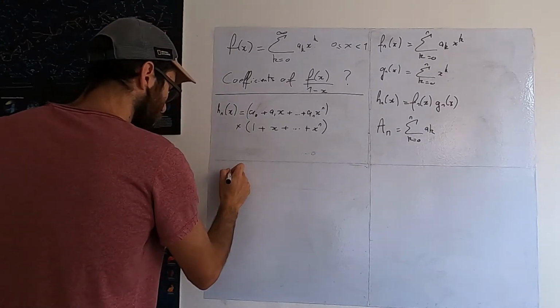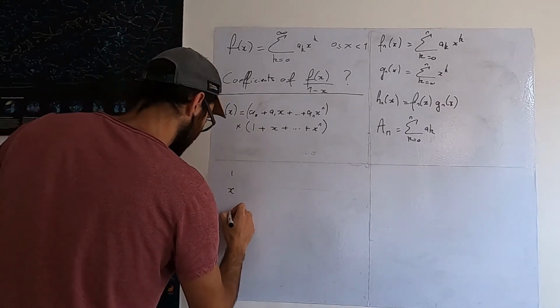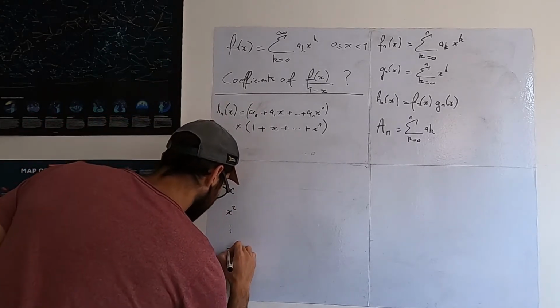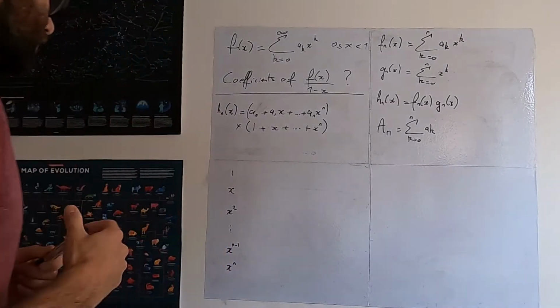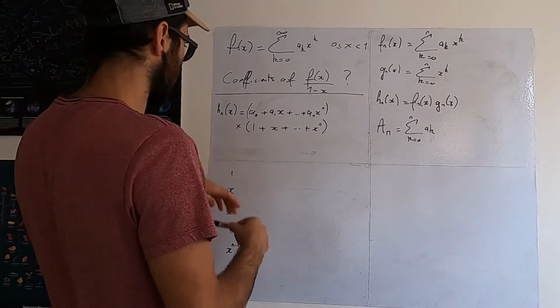We're going to look at what should be the coefficient in front of 1, what should be the coefficient in front of x, in front of x squared, etc., in front of xn minus 1 and in front of xn. So when you think about it, the coefficient in front of 1, there's only one, right?